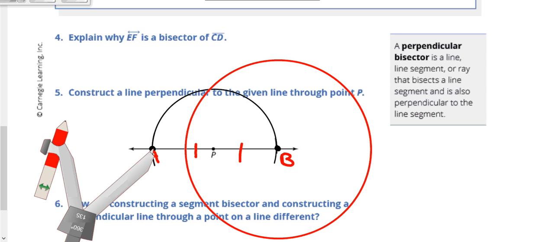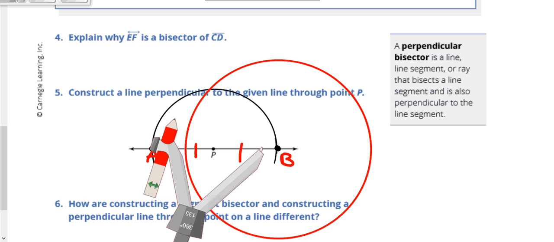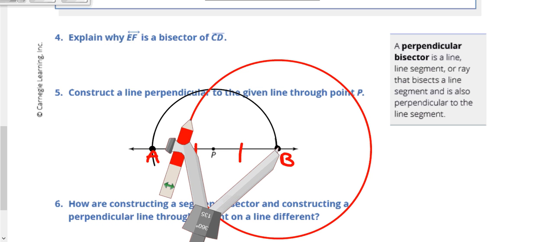I have not changed. When I picked up my compass, it is still the same distance that it was from B to A as from A to the circle I'm going to make. So I did not squeeze or do that. If you did accidentally move or it moved, then you need to go back, measure again from B, and make sure that that distance from the pointy end to the pencil end matches.